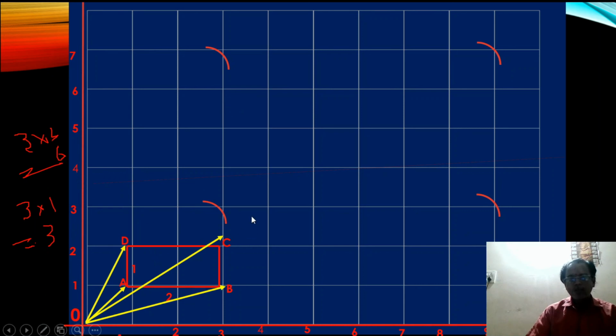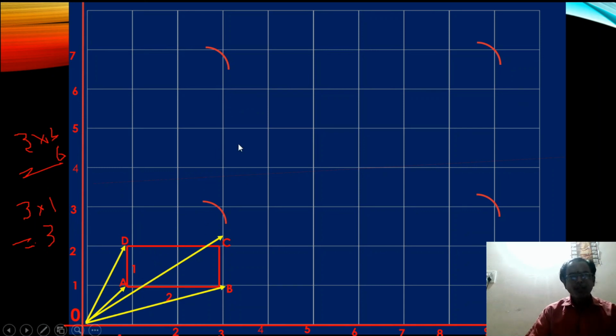That means take the measure of 6 units from here: 1, 2, 3, 4, 5, 6. Till here you have to draw an arc with the compass, and again here, how many units? Already we have 1 unit here.